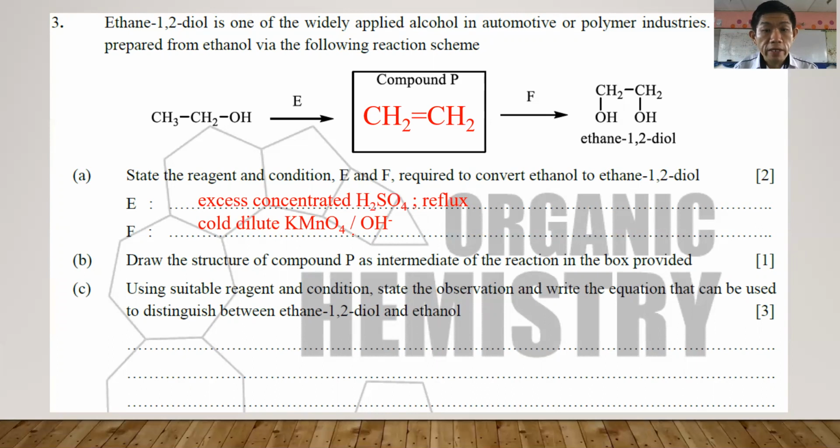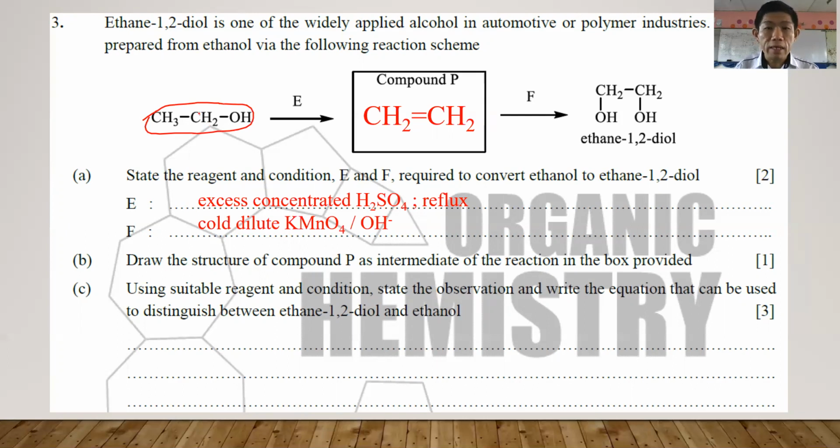C, using suitable reagent and conditions, state the observation and write the equation that can be used to distinguish ethane 1,2-diol and ethanol. One of the general keys to distinguishing between ethanol and ethane 1,2-diol is the presence of what we call the methyl alcohol group. Ethanol has that.